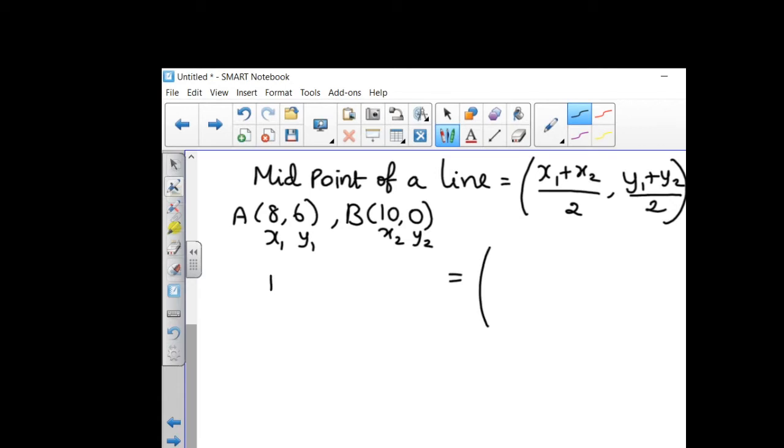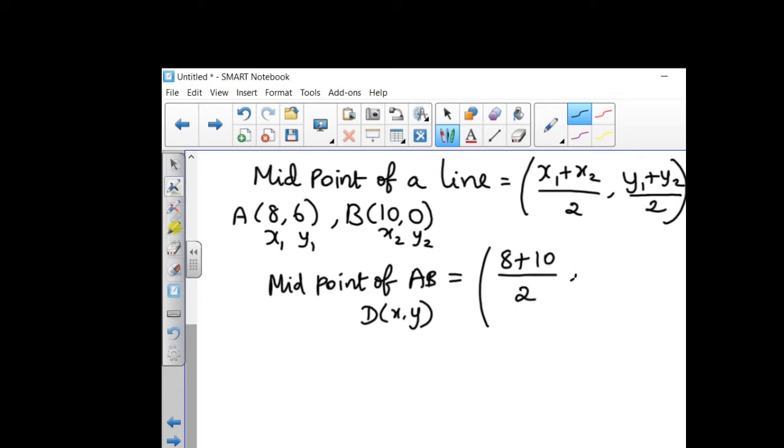So what do you get? Midpoint of AB, that is D of (x, y). What is that? x1 plus x2: x1 is 8 plus x2 is 10, by 2, comma y1 is 6 and y2 is 0, by 2.